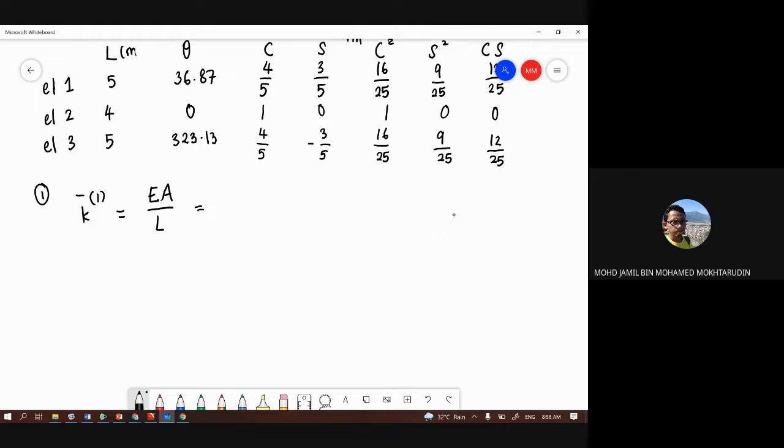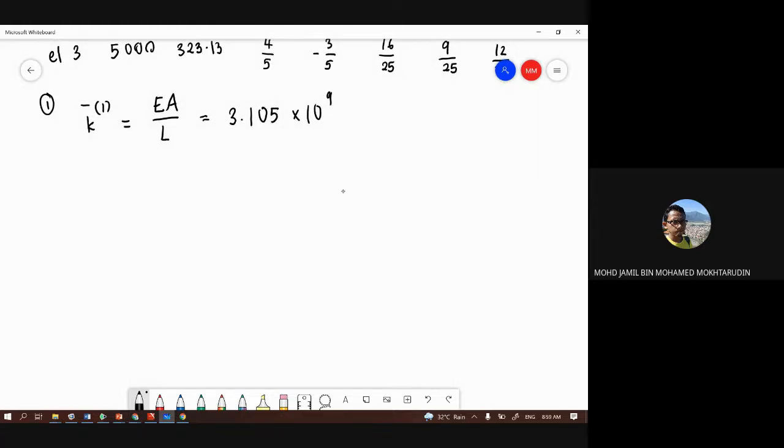So we go back here and change to millimeter, and we can calculate again for the k bar. Okay, so we get 3.105 times 10 power of 9. Okay, what is the unit, Newton meter, I'm not sure.